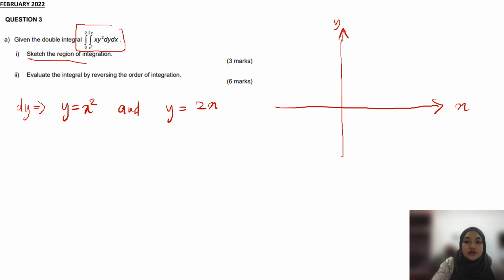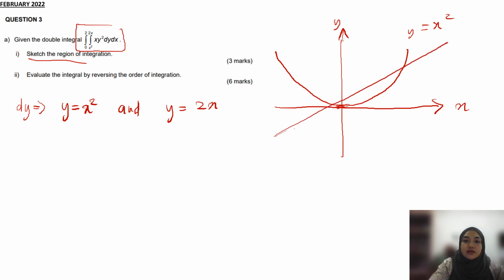Y equals x squared is supposed to be like this. Draw it nicely. It's not so pretty, it's supposed to touch here. So you write y equals x squared, and y equals 2x is supposed to be this line.